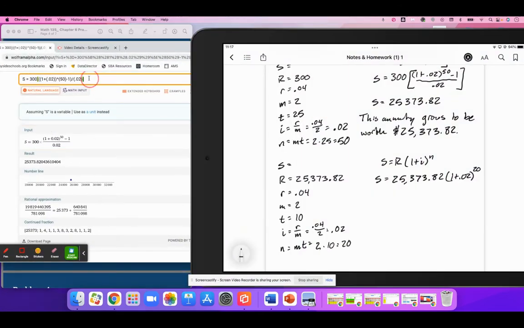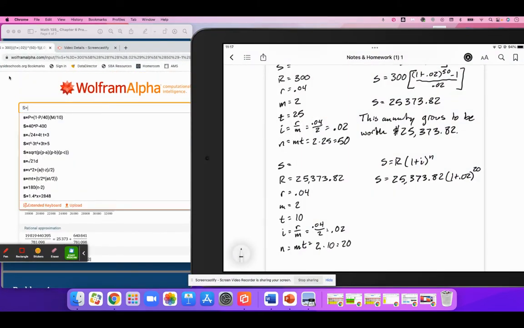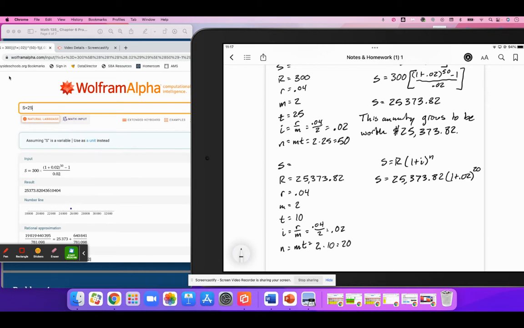So back to Wolfram again. We've got S equals 25,373.82 times 1 plus 0.02 to the power of 20.